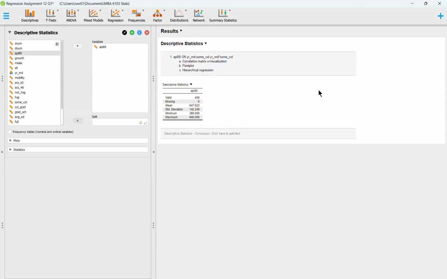And then from there, I'll apply it to variables: year-round, mobility, year-round times mobility. Okay. Year-round, not adding mobility, I will be adding some college. Okay. Afterwards, frequency tables.